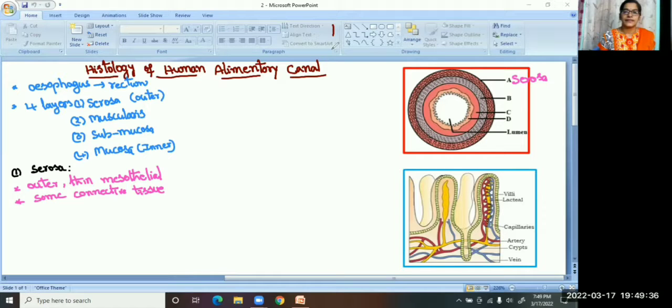And the next layer is muscularis. Muscularis has smooth muscles.